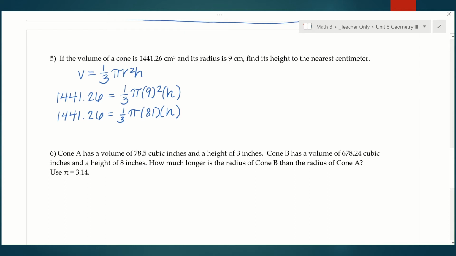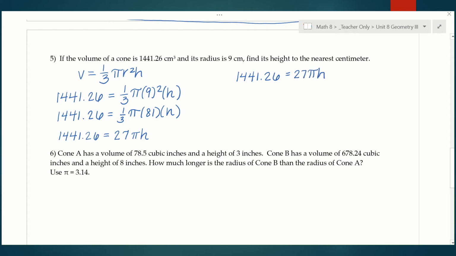We can get a single number. So again, I'm bringing down the volume. 1/3 times 81 is the same as 81 divided by 3, which is 27. So now what I have on the right side is 27 pi h. I'm just going to rewrite this up here because I'm out of room to show my next step.